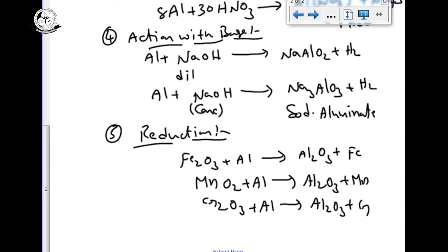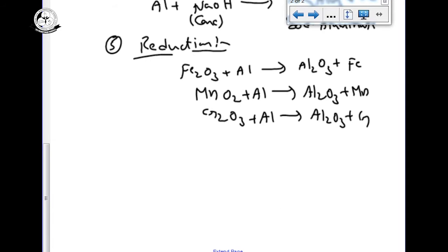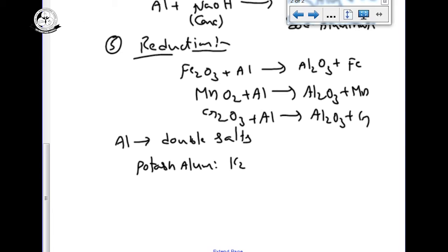The most important thing is that aluminium is used in double salts. A few examples of double salts: potash alum. Potash alum is a combination of potassium sulfate, K2SO4, and aluminium sulfate, Al2(SO4)3, a double salt.